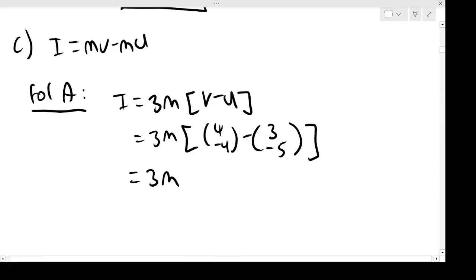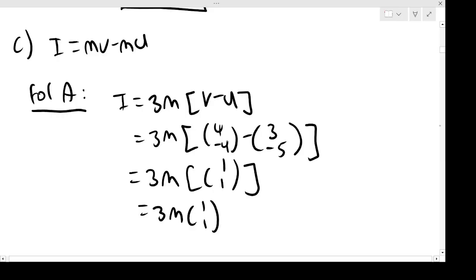I'm going to get 3m, and if I work out this subtraction with the vectors, 4 minus 3 is 1, and then minus 4 minus minus 5 would be plus 1 as well. And so I get 3m lots of (1, 1). Or you could say in i and j, 3m lots of i plus j if you wanted to.